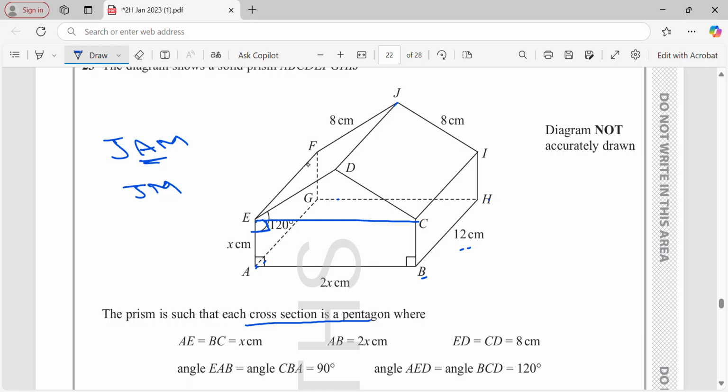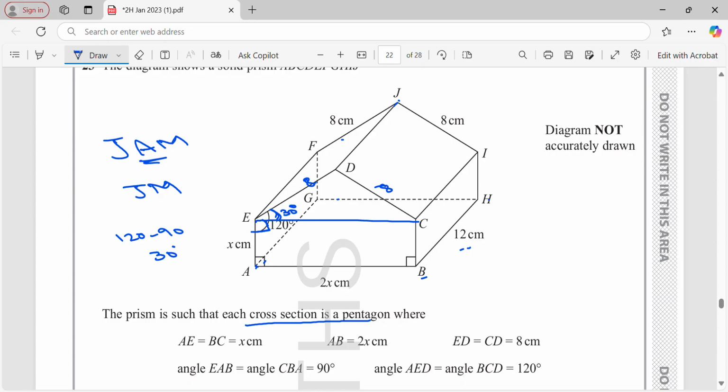The total angle is 120, and 120 minus 90 is 30, so this angle is 30 degrees. What else is given? F to J is 8 centimeters, because this line is parallel to ED. So this is 8, and this is also 8.